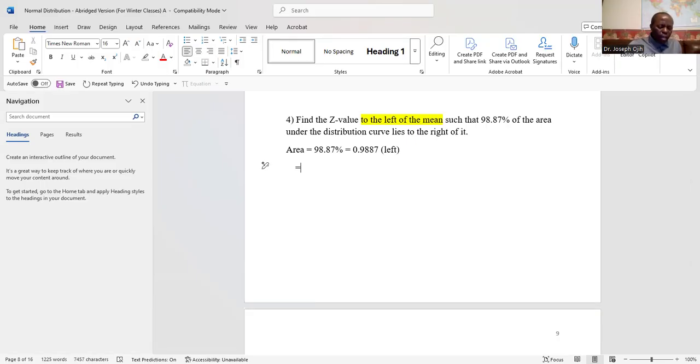Equals NORM.S.INV of this. For any of them, if it says find the z value to the left, you can just use that formula, NORM.S.INV of the area to the left.